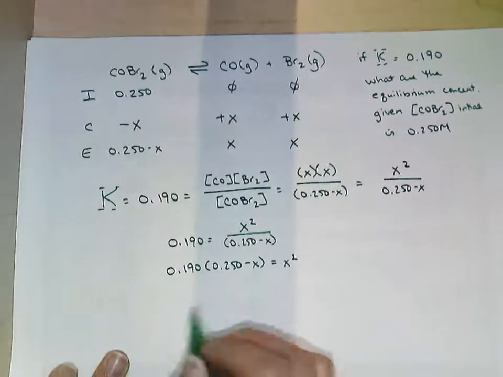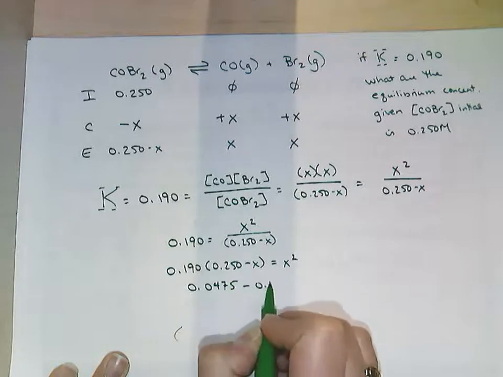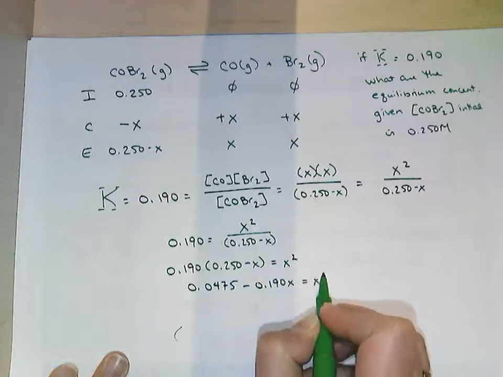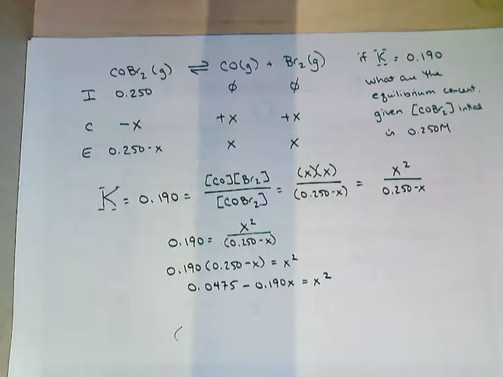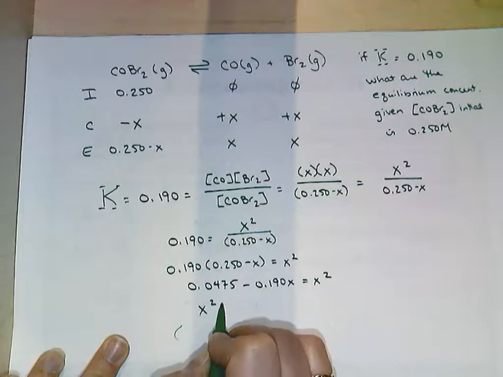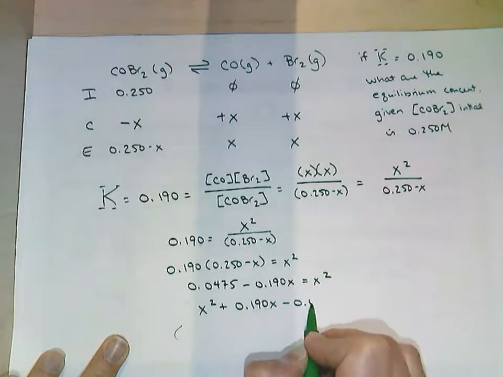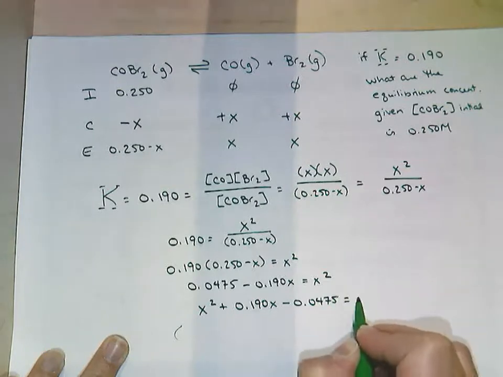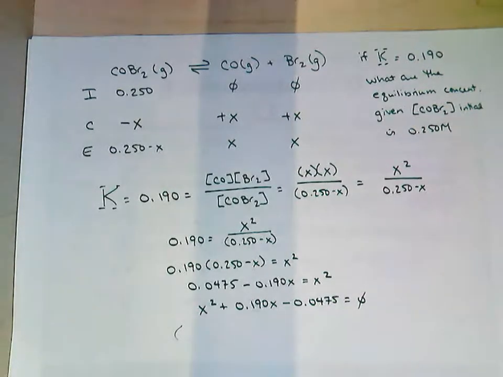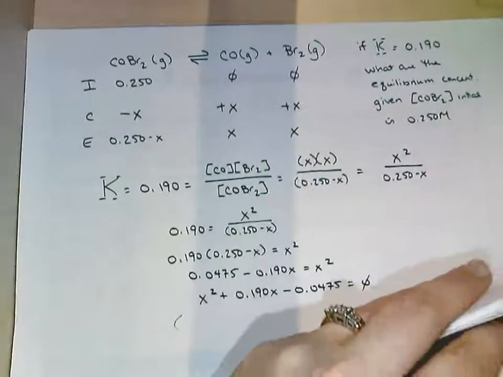Then we multiply that through, and we get all the like terms on one side. At this point, you should recognize that I just wrote out a quadratic equation, which means we now need to use the quadratic equation to solve for the answer.